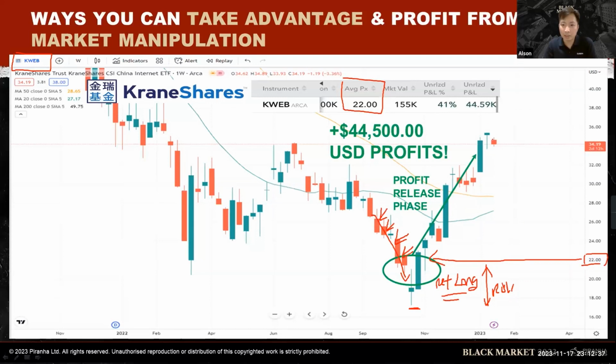When I exited higher, I made about $50,000 on this trade alone. And along the way, there was still a lot of bad news. But guess what? When you are on the right side with the market maker, any bad news will fuel the rally even more. Understand? Without using any fanciful indicator, just by reading minds.